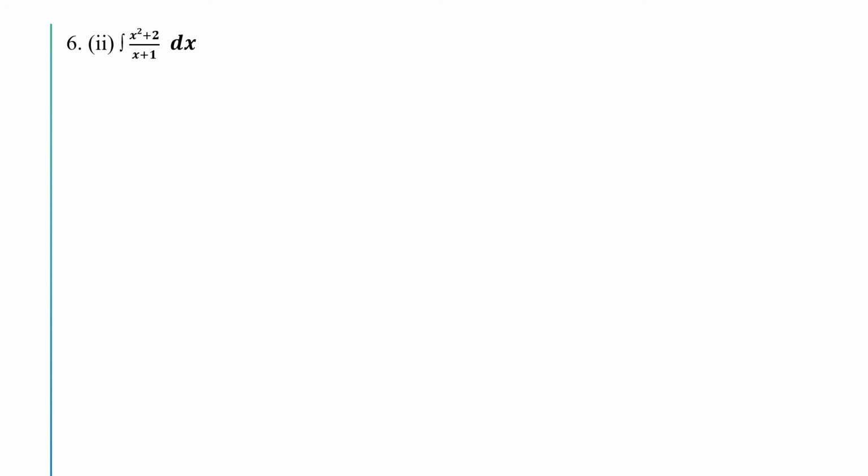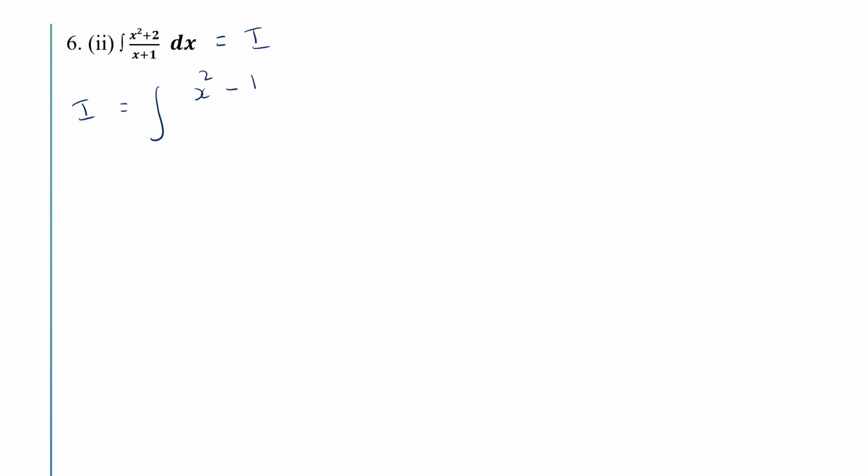The next question, integral x square plus 2 by x plus 1 into dx. Again, it is not easy to find the answer directly. So let us take this as I. I is equal to, in the numerator, adding and subtracting 1.